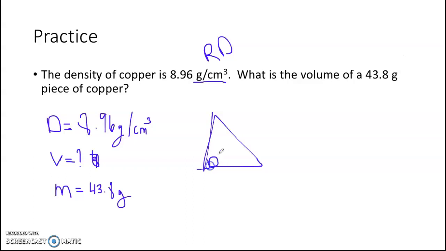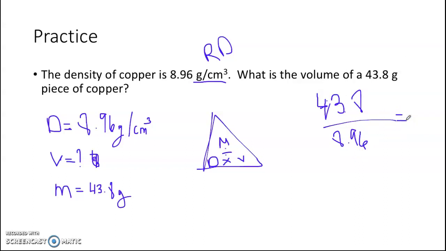So I'm going to have my triangle here. An easier way to remember this is DMV. That's where you're going to get your license and stuff. You multiply the D and the V, and you divide the M and the V. I want to find the volume. So for me to find the volume, if I put my finger over the V, I need to take my mass and divide it by my density. So my mass is 43.8 divided by 8.96.